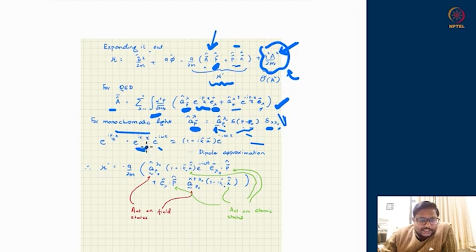If k is very small, then e to the power i k dot x can be approximated as 1 plus iota k dot x. This expansion of the exponential function gives 1 plus iota k dot x plus iota k dot x whole squared by 2, but higher order terms will be higher powers of k, and k is supposed to be very small, so I can truncate the series up to leading order, which is called the dipole approximation.